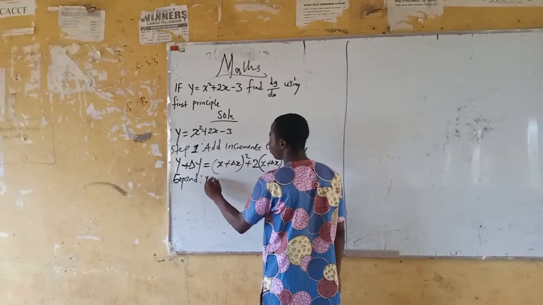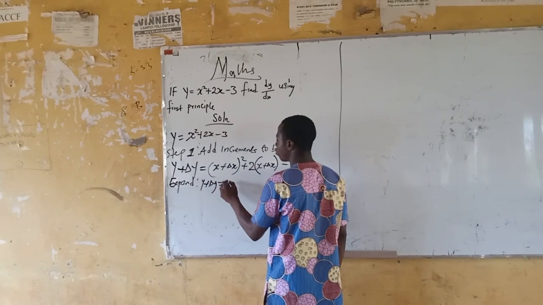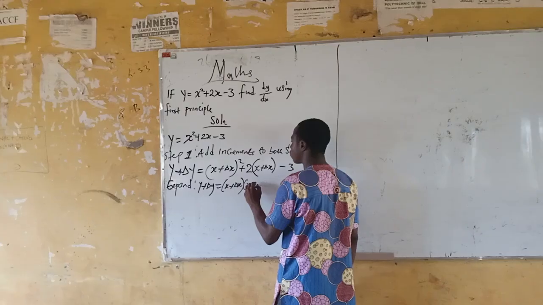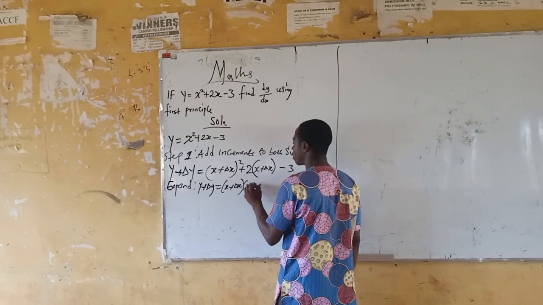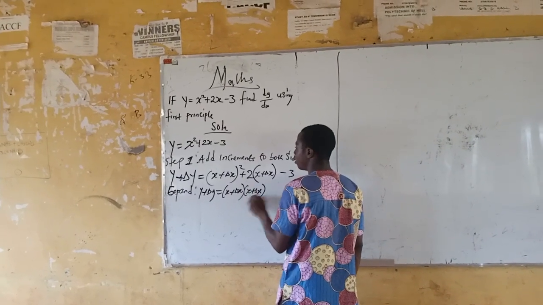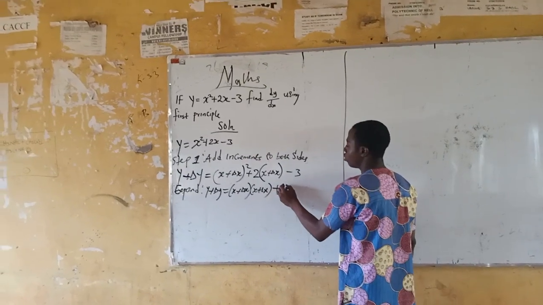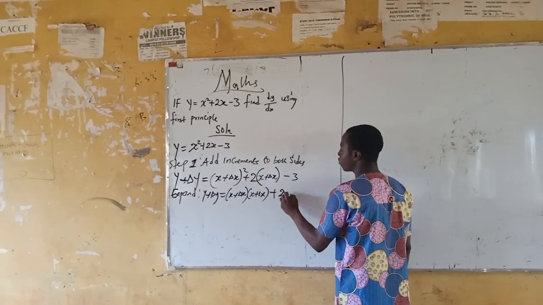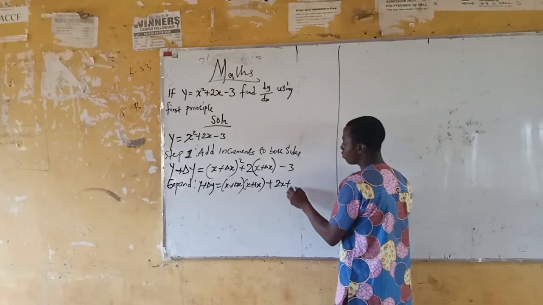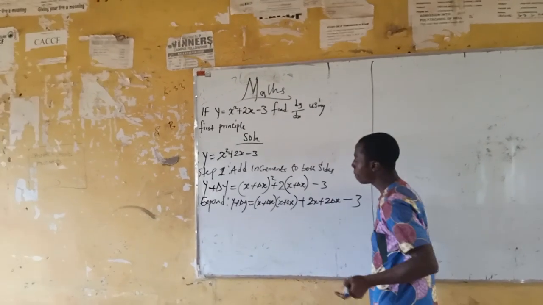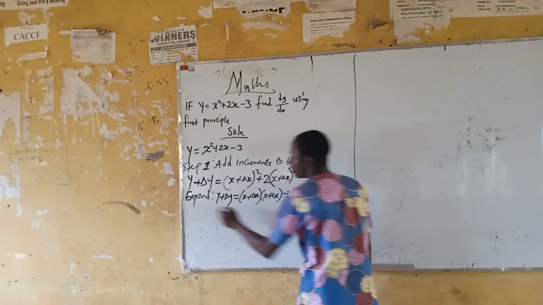I'm going to have y plus δy. Also, if you are going to expand, it's going to be (x plus δx) and also (x plus δx). That means x plus δx in two places, plus 2 times x is 2x, plus 2 times δx is 2δx, minus 3. Let's keep expanding.